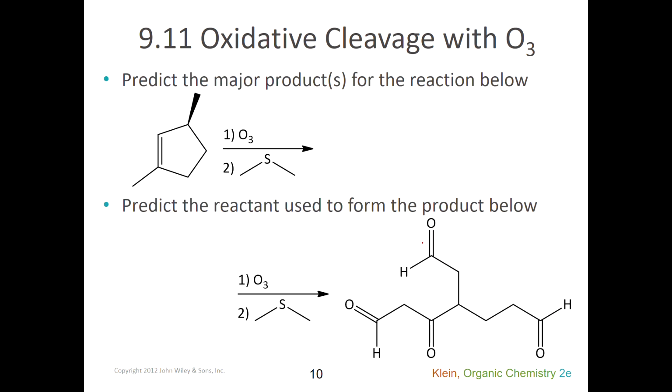So when you see a reaction that has O3, and dimethyl sulfide is often used in the second step to finish off the mechanism, what you want to do is simply break the pi bond. Definitely in this situation, you want to number the carbons so that you can keep them all straight and make sure they're all there somewhere in the product. And then all you do is disconnect the two atoms that were connected.